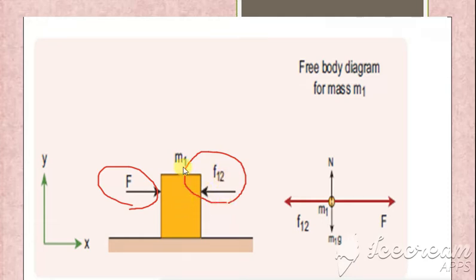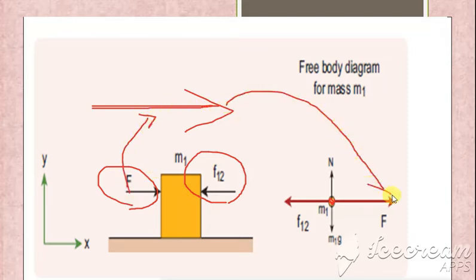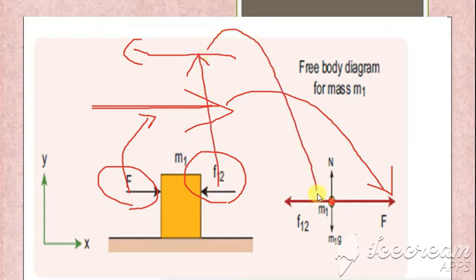Now representing this in the free body diagram, I am drawing a point which is m1. This is F, acting along this direction, and I represent that F here. And this is F21, acting along this direction, and I represent that F21 here.